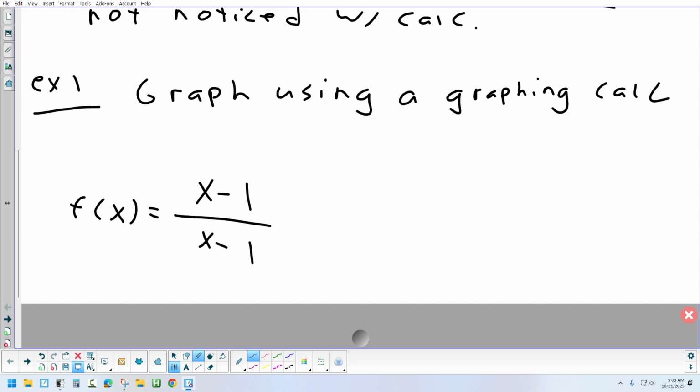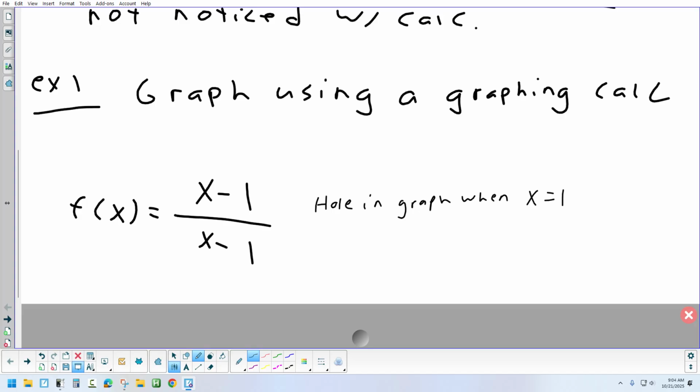Do you get a hole, or do you get a vertical asymptote? Do we have a common factor in the top and in the bottom? Yeah, we do. We've got a common factor. So when we have a common factor, do we get a hole in the graph, or do we get an asymptote in the graph? That's going to be a hole. So there would be a hole in the graph when x equals 1.